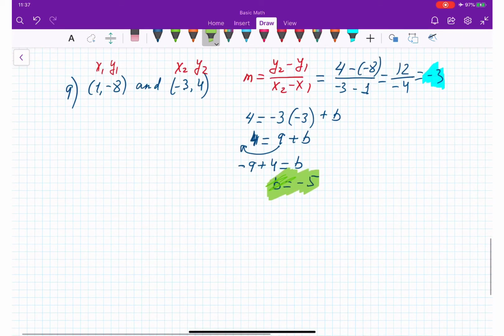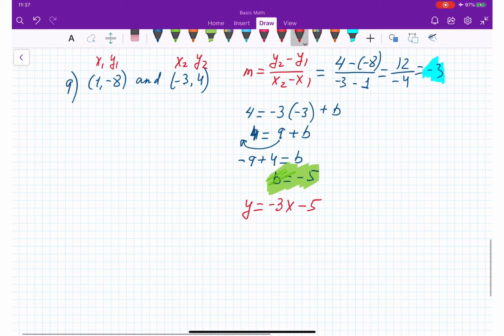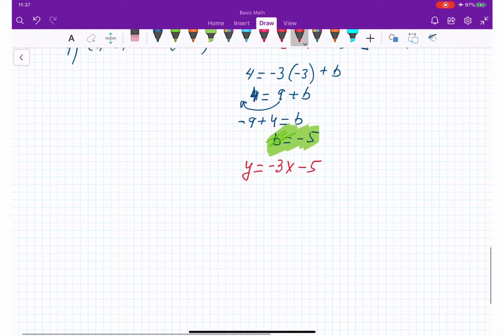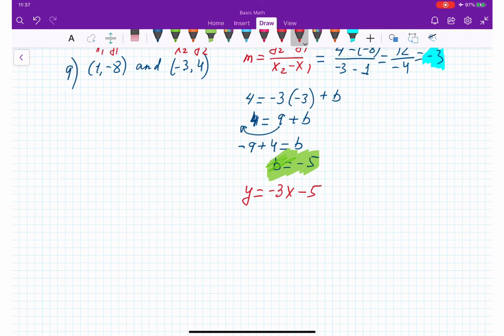Okay. So the graph is going to look like y equals our slope, -3, times x, and then -5. b is -5. So this is our equation. Okay, moving to question number 10.